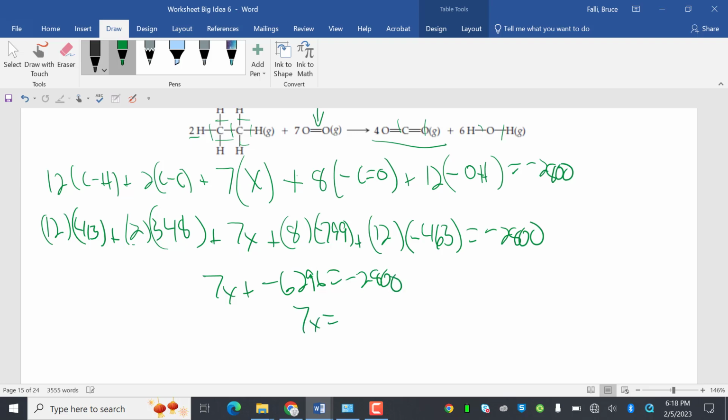So 7x equals negative 2,800 plus 6296, which is 3496. So x is, dividing that by 7, 499 kilojoules per mole. And that's it.